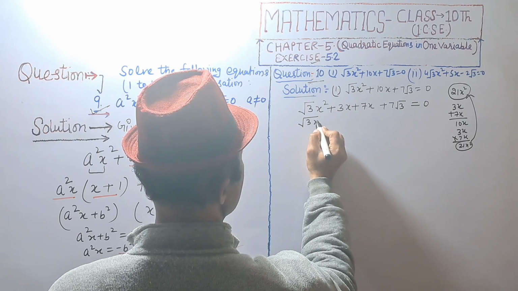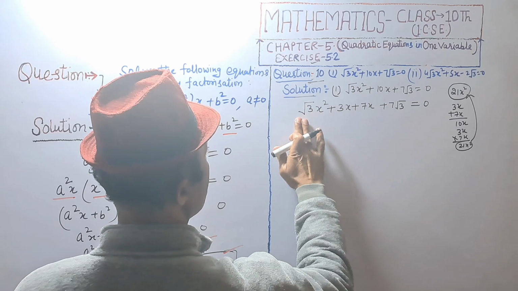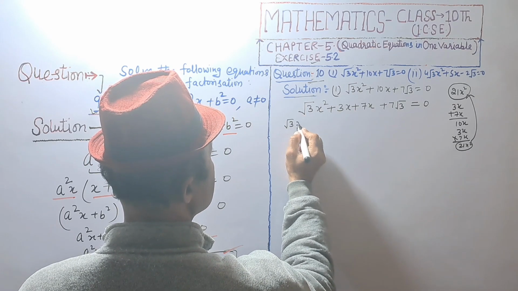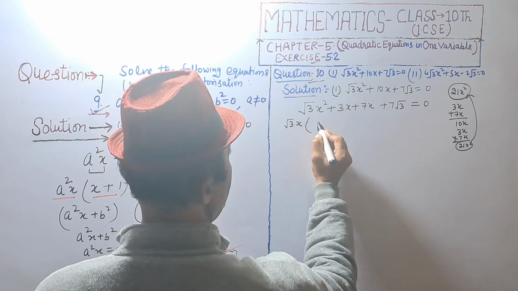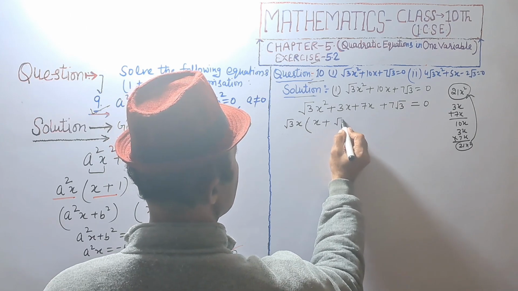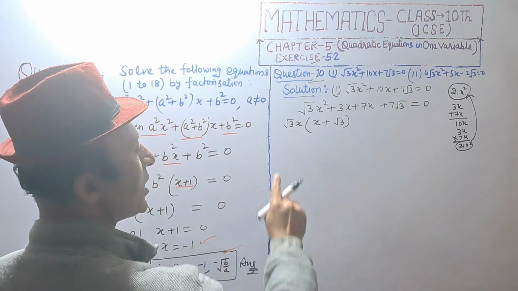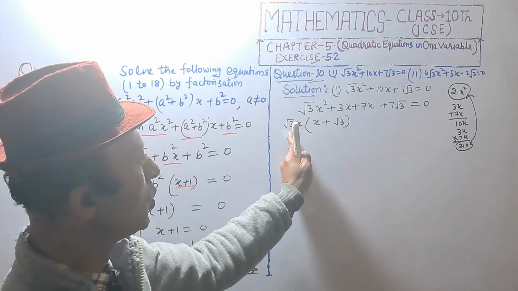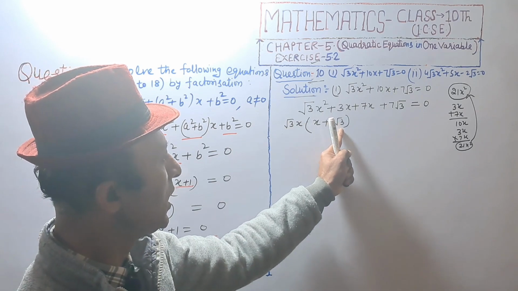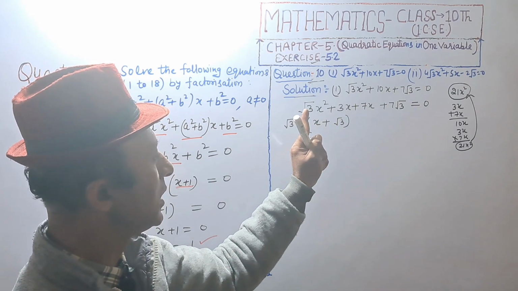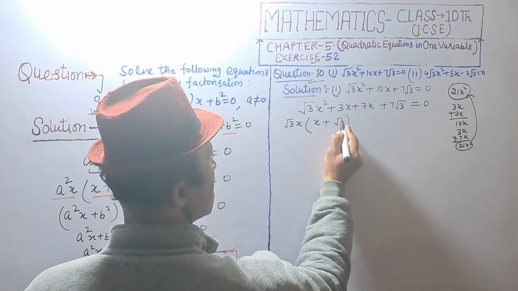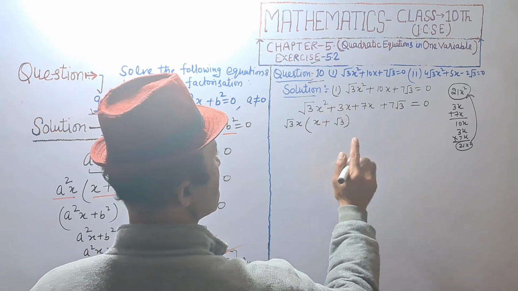√3x we are taking common, and in bracket x + √3. √3x into x is equal to √3x², and √3x into √3 is √3 into √3, that is equal to 3x.